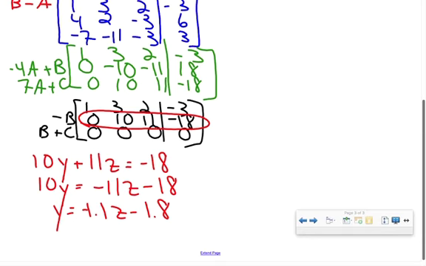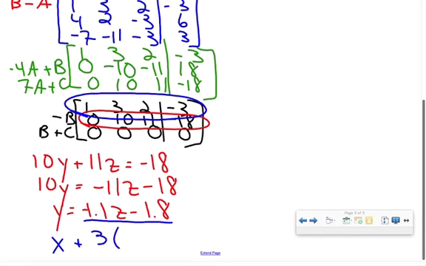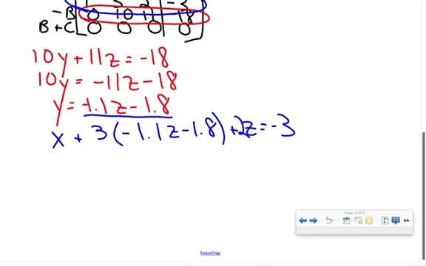And now that I know what y is in terms of z, I can figure out what x is. So I'm going to rewrite this equation, substituting in this for y, and then I will solve for x in terms of z. So that'll be x plus 3 times negative 1.1z minus 1.8 plus z, that's 2z, equals negative 3. Distribute the 3.